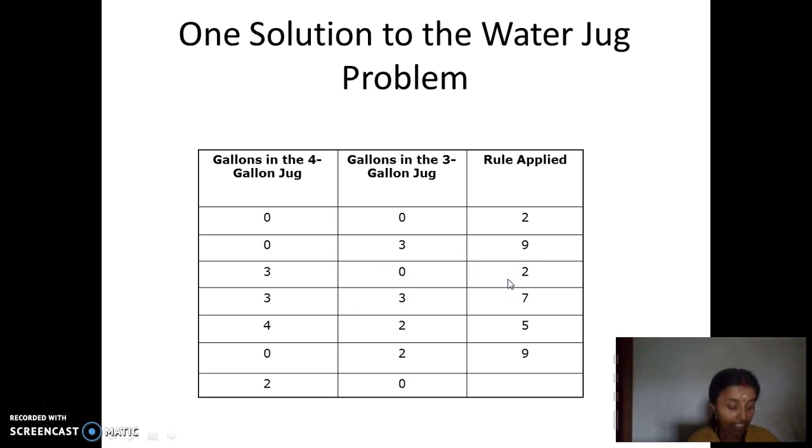Again, if rule 2 is applied, we get (3, 3). When rule 7 is applied, we get (4, 2). And when rule 5 is applied, we get (0, 2). And finally, when rule 9 is applied, we get 2 gallons of water in the 4 gallon jug and 0 water in the 3 gallon jug.